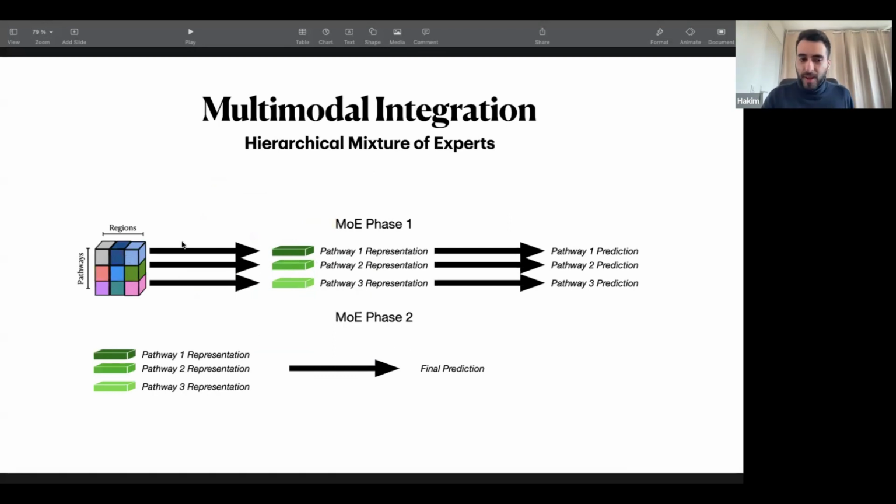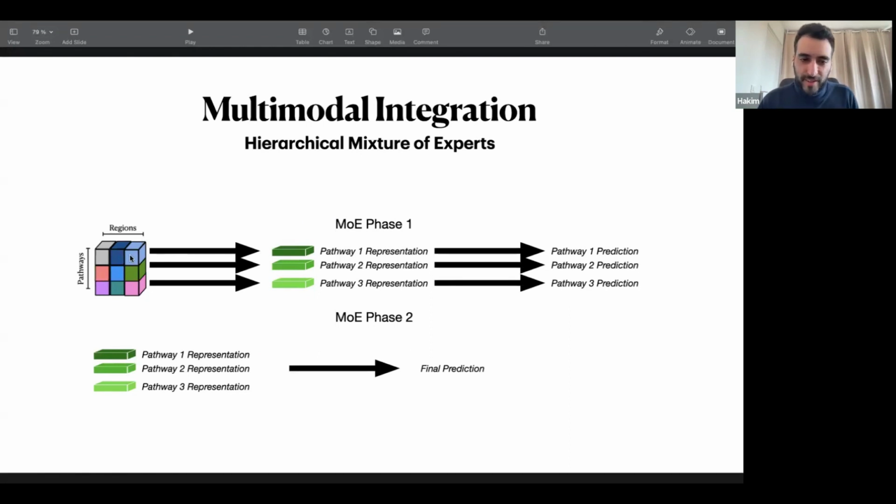Then once we have our different blocks, our tensor representation, we want to be able to implement interpretability inside the classifier. So we tried to use a mixture of experts approach, but to make it more robust, we made it a little bit hierarchical.